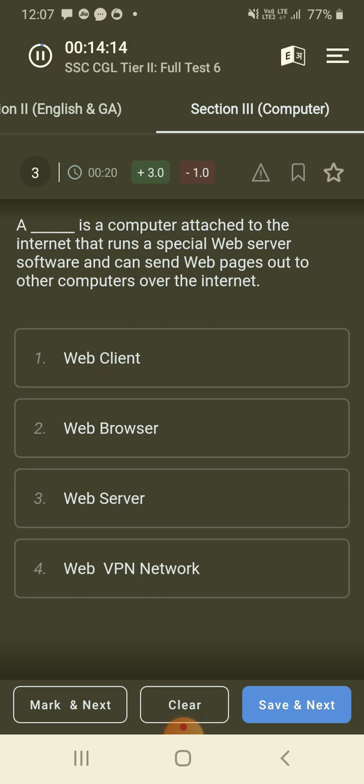A web server is a computer attached to the internet that runs special web server software and can send web pages to other computers over the internet.